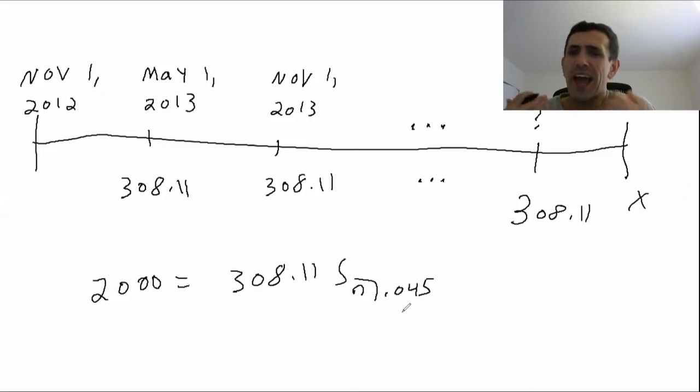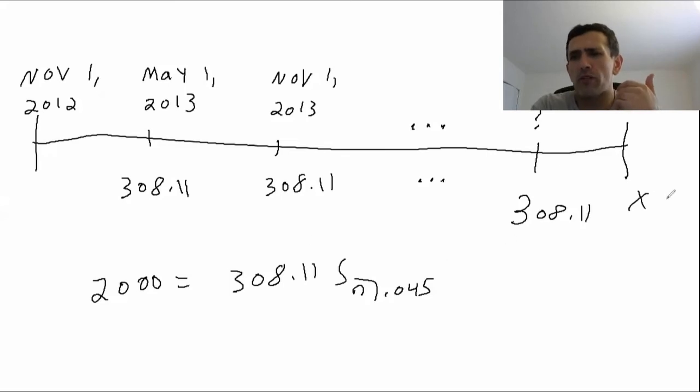So when we solve for n, we're not going to get an actual integer because there's just no way to keep making these 308.11 payments and accrue exactly $2,000. There's no way to do that.